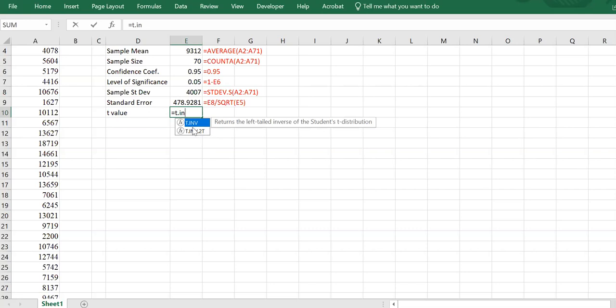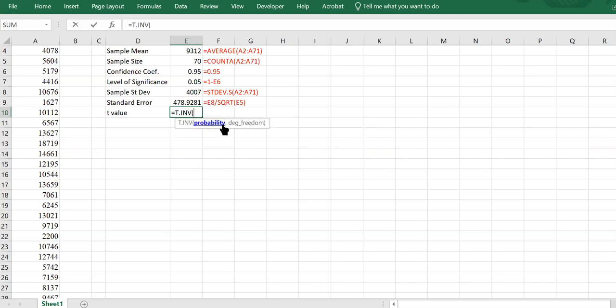I'm personally more comfortable with one tail, but you can use either one, really. When you use the two-tailed one, you give alpha and it gives you the t half of alpha.